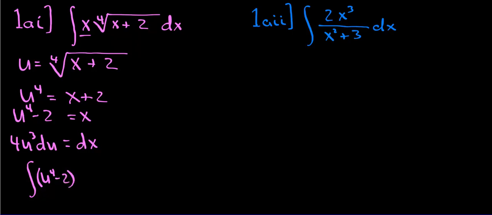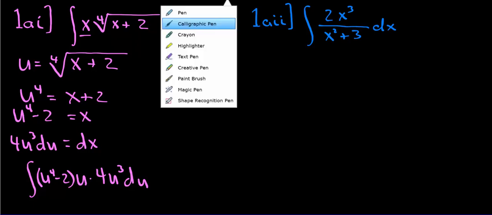And then I've got, in place of that fourth root, u. And then 4u cubed du. And there we have it. So now this is an integral that we can deal with.